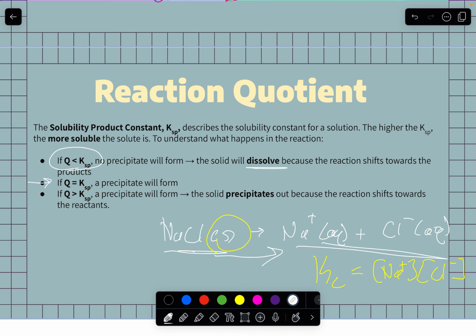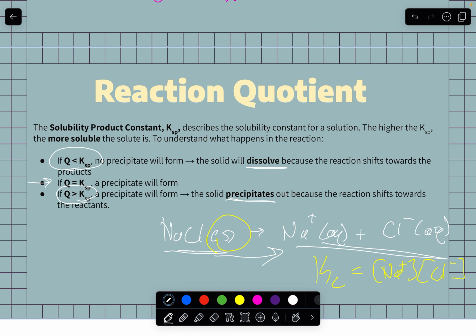If Q is equal to K, it's at equilibrium, nothing's going to change, so you still have solid in solution. So you'll have a precipitate. You'll have that solid. If Q is greater than K, that means right now we have more product than we need, we're going to go to the reactant side. And remember, the reactant is your solid. So if we go to the reactant, we're going to have that precipitate. We're going to make more solid.